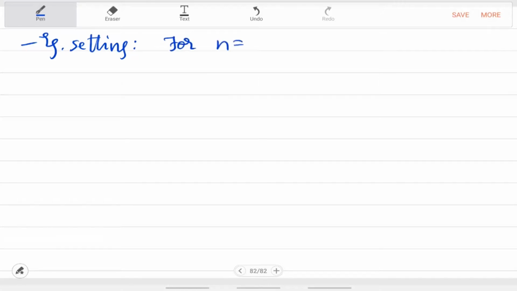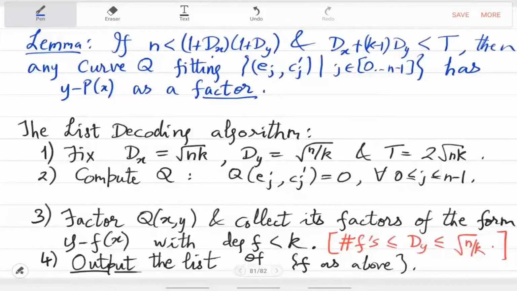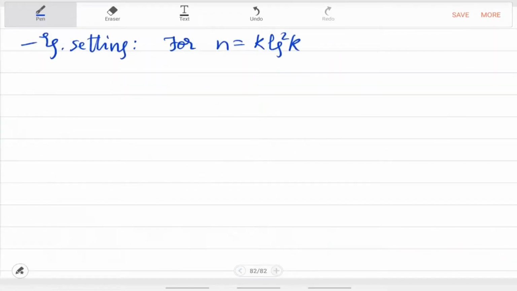So for n equal to k log squared k, k is being stretched to k log squared k, which is not really a constant factor. Why did I say constant factor? No, this will achieve more. For this we only need two k log k correct values.